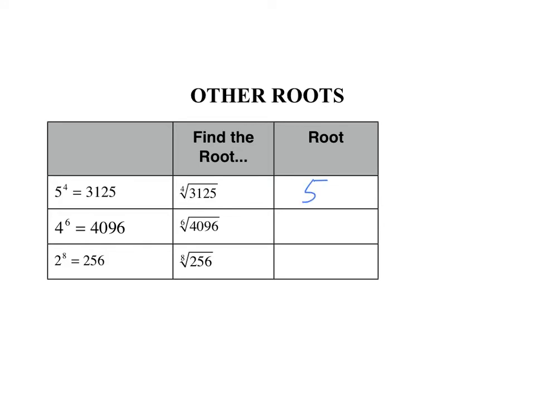Another example, we've got 4 to the power of 6 gives us this new big value here. So if you take the 6th root of 4096, you'll get back to the root of 4. 2 to the 8th equals 256. If you take the 8th root of 256, you'll get back to the root of 2.